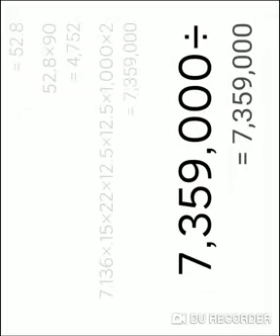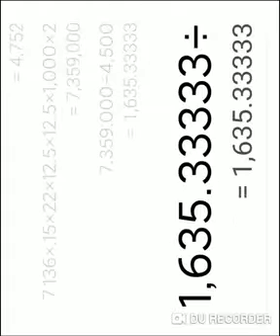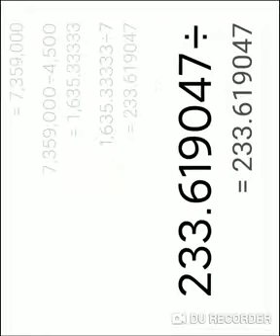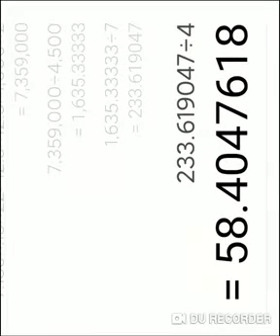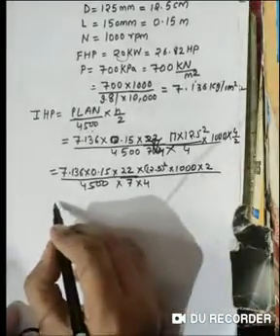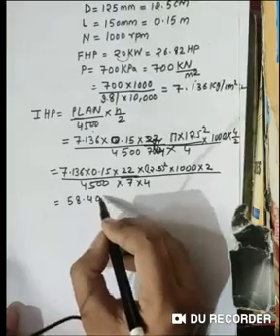Then it is divided by the 3 terms, 4500, then 7, then 4. So your answer became 58.40 HP. So now we write our answer, 58.40 HP.